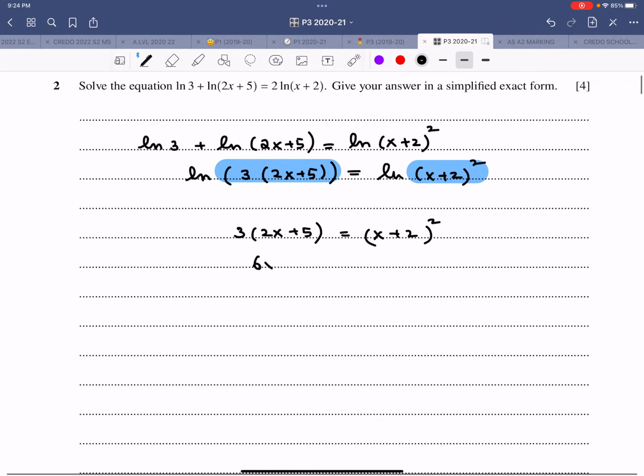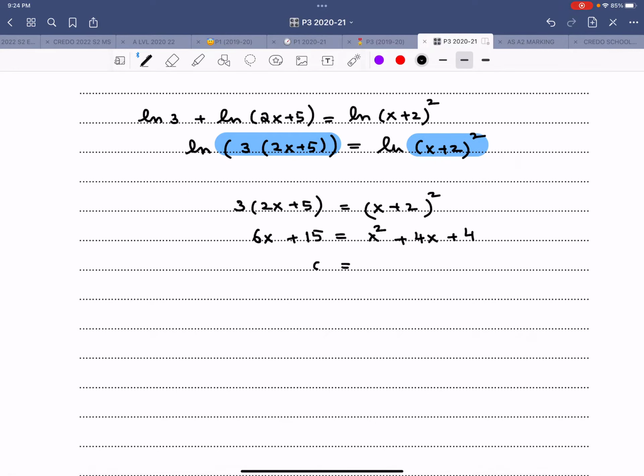Therefore 6x + 15 equals x squared + 4x + 4. Take all the terms on one side: x squared as it is, 4 minus 6 is negative 2x, and 4 minus 15 is negative 11, equals 0.